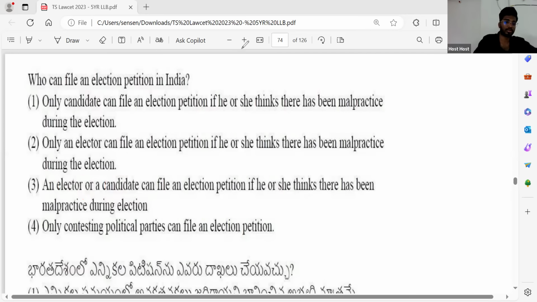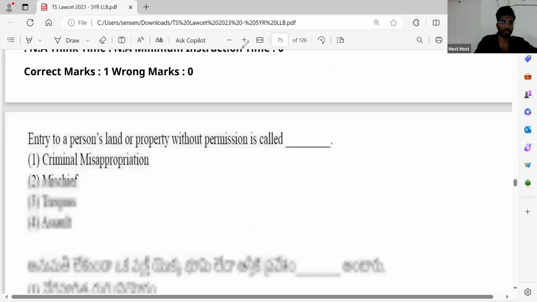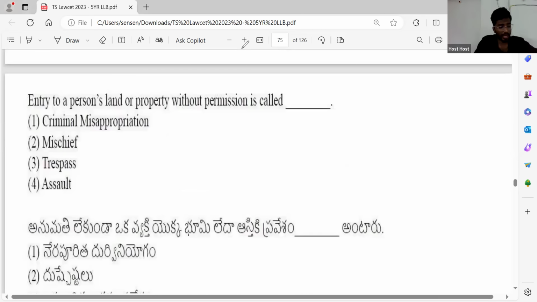Next one. Entry to a person's land without permission is called. Very good. Right. So it is known as trespass. What is trespass? Trespass is entering into somebody's property without their permission. Right. So then you know what is assault.